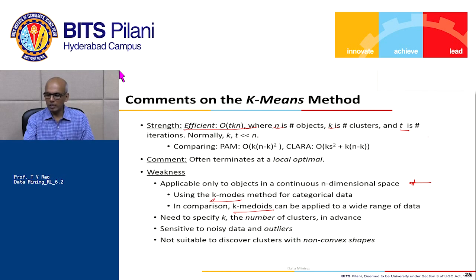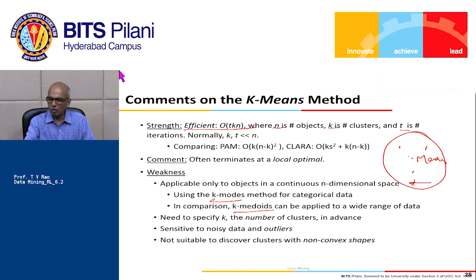So let's say we have a cluster with 3 points, and the mean will be here. This will be the mean, because that is representing the weighted average among all of them.